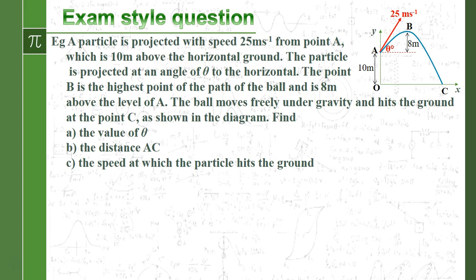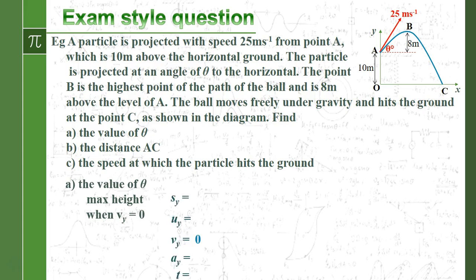So here we go. First up, the value of theta. The thing we know is that our maximum height is reached when Vy equals 0. We saw that previously. So looking at all the bits and pieces relating to that, we know that the displacement is 8. We've got Uy is 25 sine theta, and it's theta that we're trying to find.